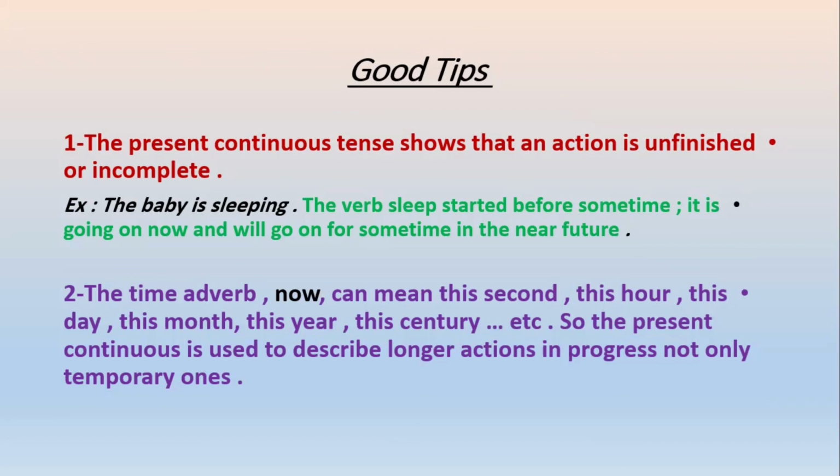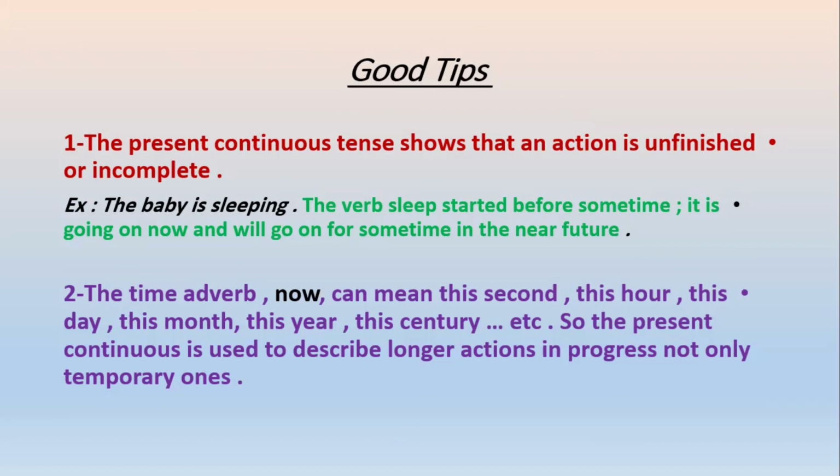So another idea to be added here, and this is maybe new for a lot of you: the word now does not mean exactly now, in the moment I'm talking. No, it may mean this hour, this month, this week, this year, this century as a whole. So we can say now can take a large, broad meaning.